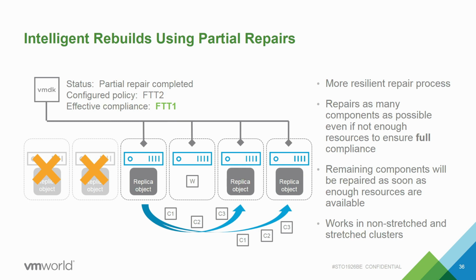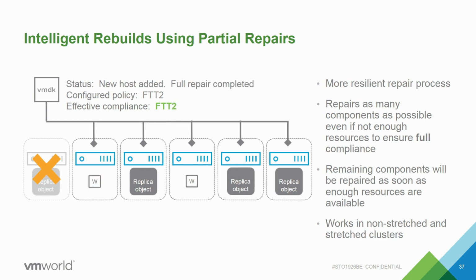The witness component is really small and it can be created almost immediately. And so by giving this full priority, when another host comes back online, just as we see here, now we have full compliance and you're back up to full FTT of 2 at that point.